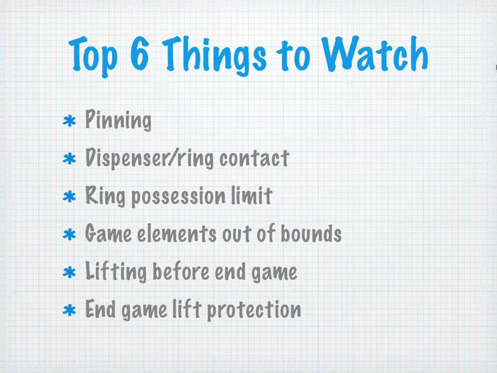Also, it's against the rules to contact the opposing alliance's rings on their dispenser, so we have to keep a close eye out for that. A robot can only possess 2 rings at a time, so we need to watch for instances where they're carrying more than they're allowed. Again, there's a definition of what constitutes possession that we'll get to later.